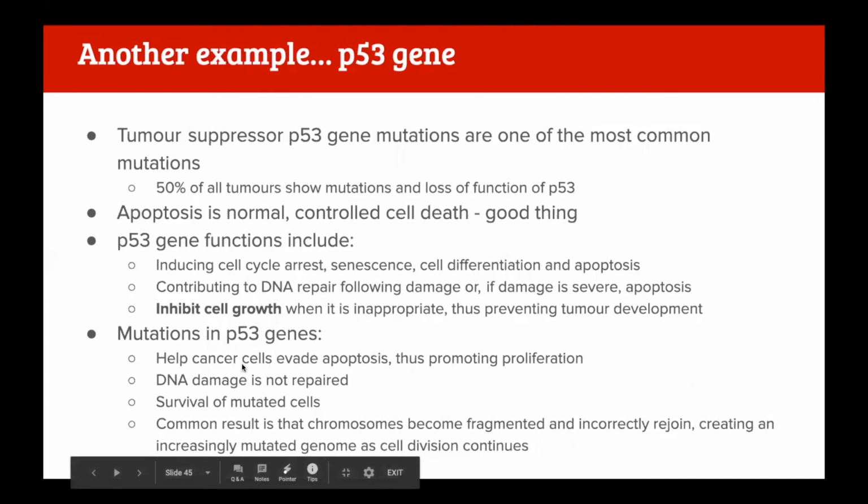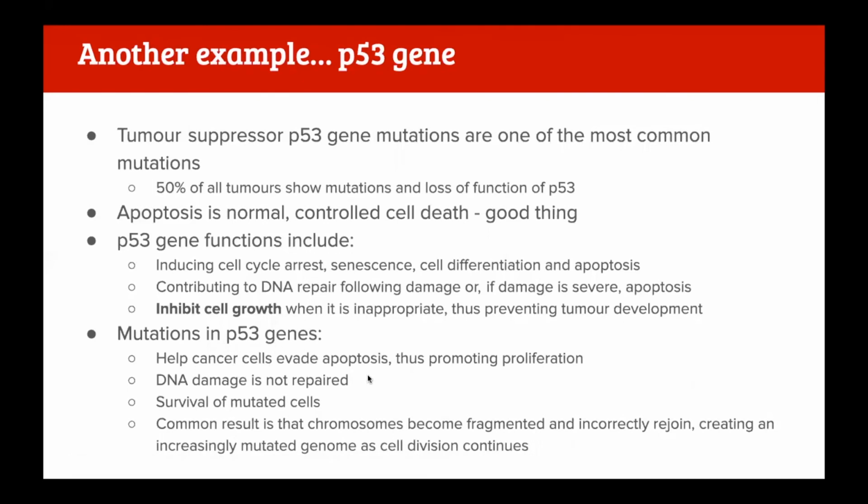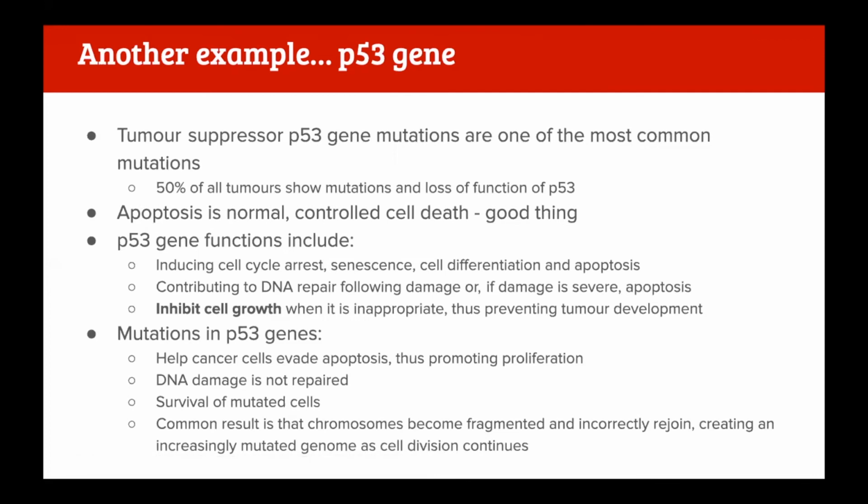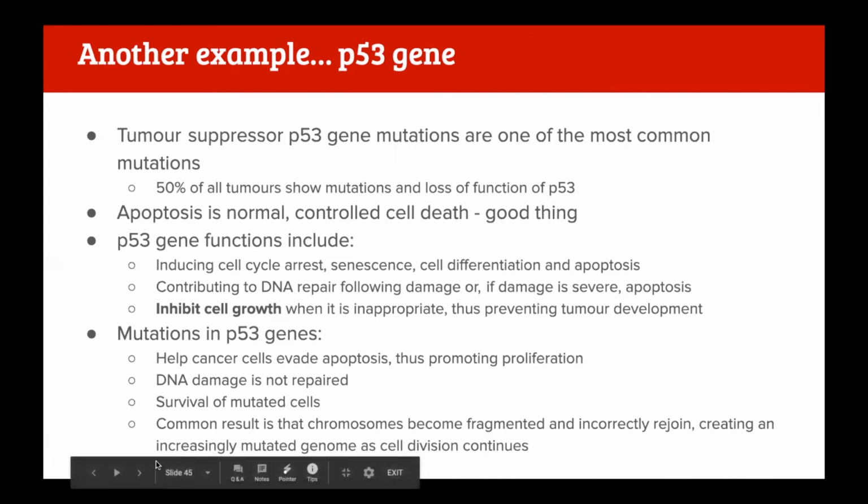It will also lead to DNA damage not being repaired, and the survival of mutated cells. And a common result of a mutated p53 gene is that chromosomes will become fragmented, they will incorrectly rejoin, and you will have an increasingly mutated genome as cell division continues.